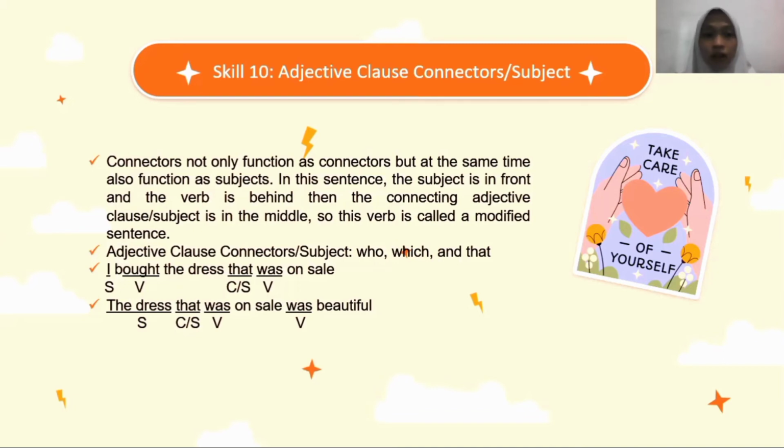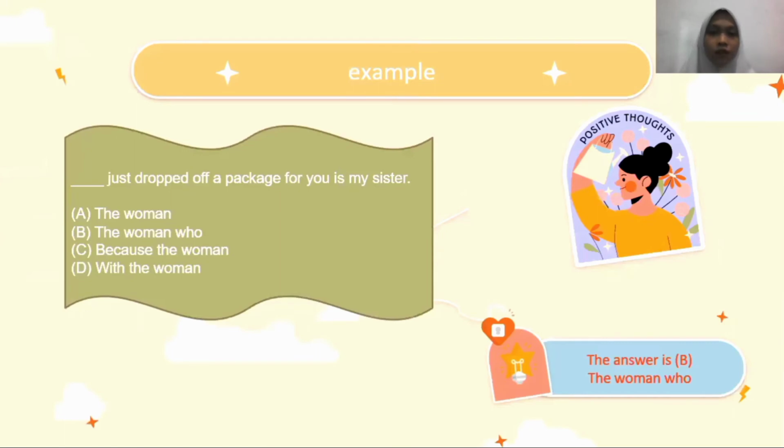So, this is called a modified sentence. For example, I bought the dress that was on sale, and the dress that was on sale was beautiful. The first is the normal arrangement. The second arrangement is modified.